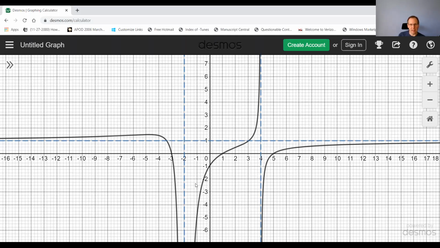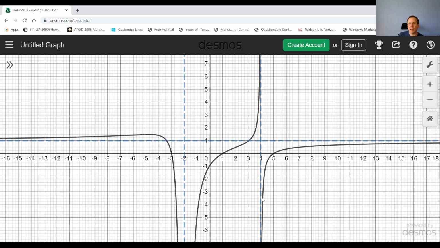In fact, in this case, as I approach -2 from the left and from the right, the function is going to -infinity in both cases. And then we have one at x equals 4, so another vertical asymptote at x equals 4. In this case, if I approach 4 from the left, it goes to positive infinity. If I approach 4 from the right, it goes to -infinity.